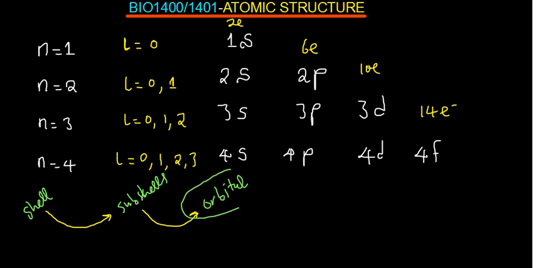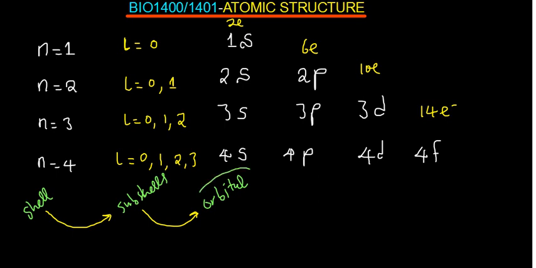Each orbital can have a maximum of 2 electrons. This is an exam question. An orbital can have 1 electron, but the maximum it can have is 2 electrons. And this is how tricky biology questions come. They are going to give you multiple choice: an s orbital can have 2 electrons.